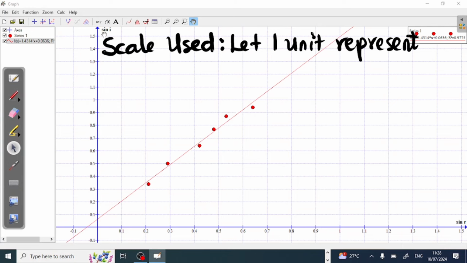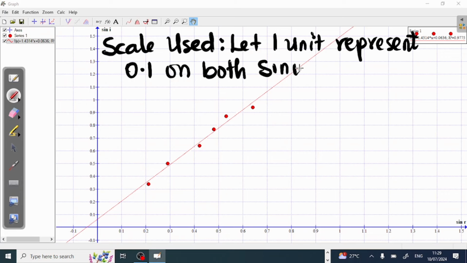Now, if I look at this, from here to here is about 0.1. That's on the sine I axis. Also, from here to here, just 1 is about 0.1. So if I move one step, I'm having 0.1 on the sine I axis. If I move one step, I'm also having 0.1 on the sine R axis. In other words, 1 unit will represent 0.1 on both sine I and sine R axis.